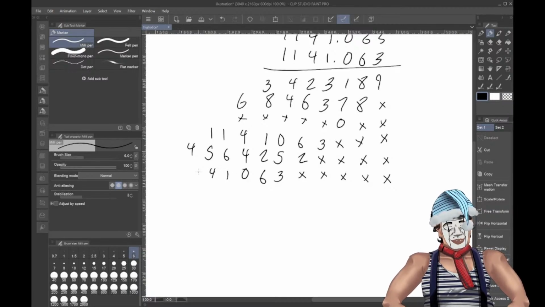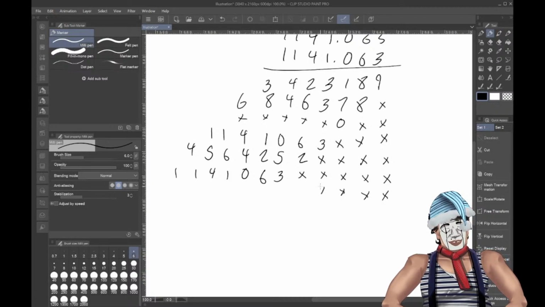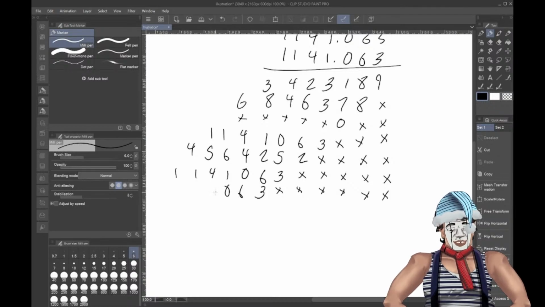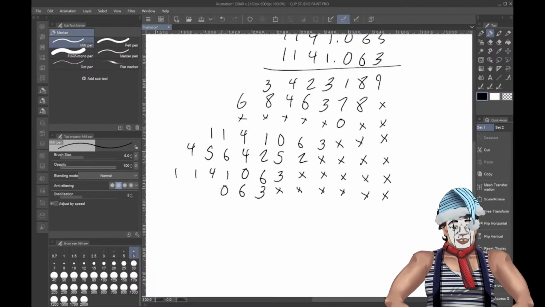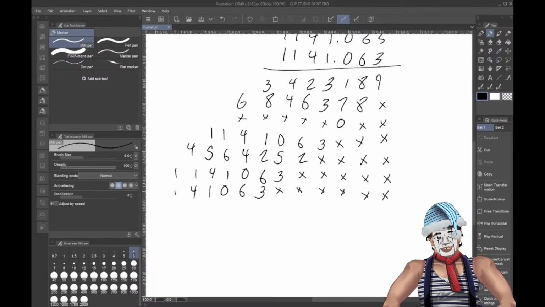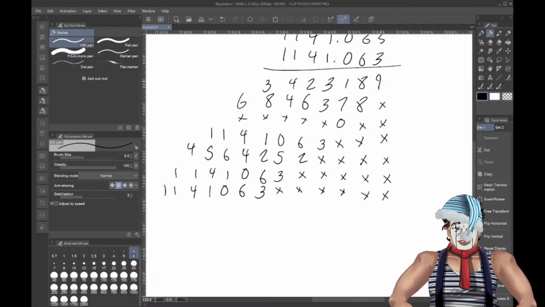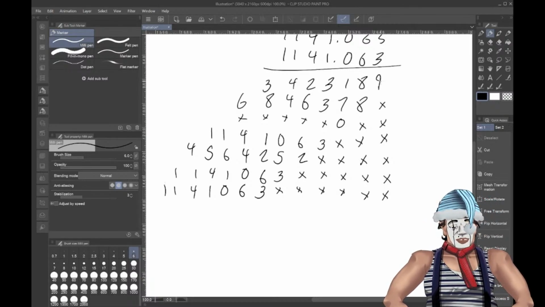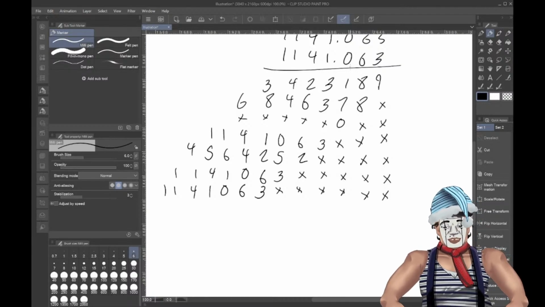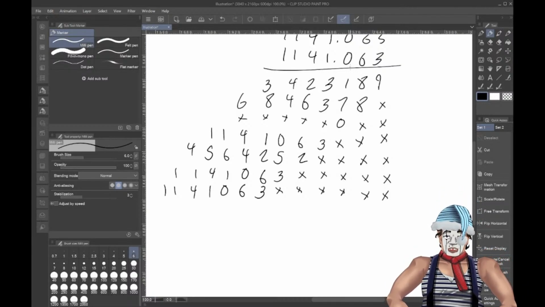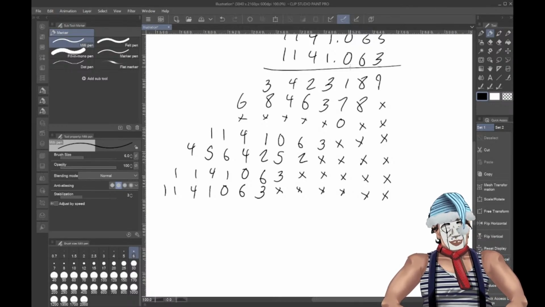Then you do it again. 3, 6, 0. Draw it correctly. 6, 0, 1, 4, 1, 1. Is that enough? Okay, I think that's all the numbers.